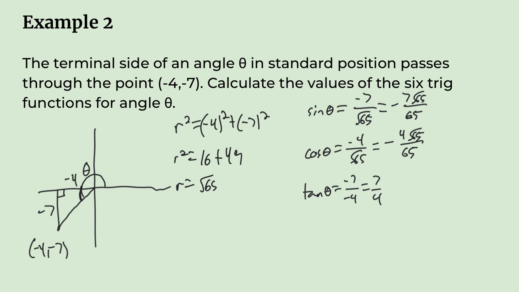And then we would have cosecant, negative square root 65 over 7. Secant, negative square root 65 over 4. Cotangent would be 4 over 7.